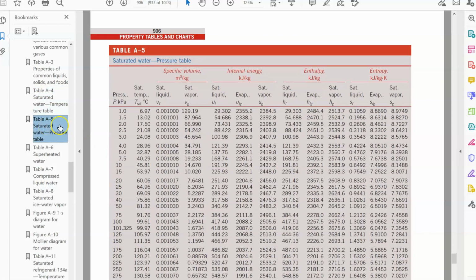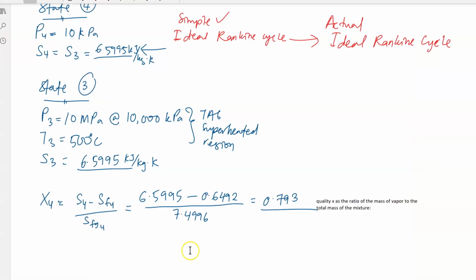So we have this 10 kilopascal over here equal to the following values. Okay, so what is needed is SFG and SF. So you copy back into your notes and make use of your scientific calculator to obtain this value.